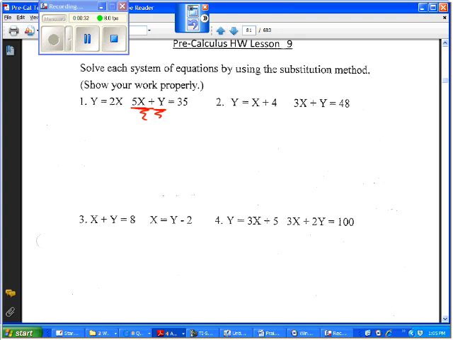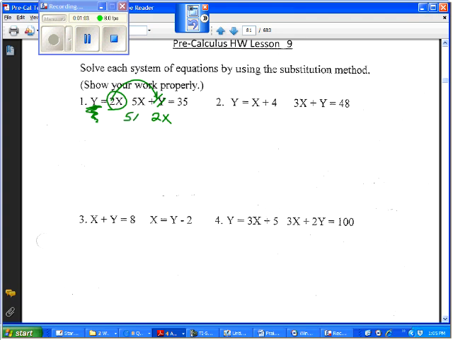So what we need to do is name one in terms of the other and use substitution to get it down to one name. So in the second equation, 5x plus y, since it tells us what y is equal to in the first equation, we're going to replace that y in the second equation with a 2x, with what it's equal to.